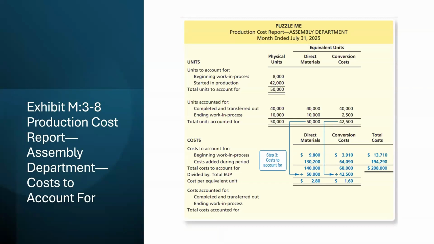Here in Exhibit 3.8, it shows the cost per equivalent unit added to the production cost report. So you see the production cost report for Puzzle Me, the assembly department, month ended July 31st, 2025.